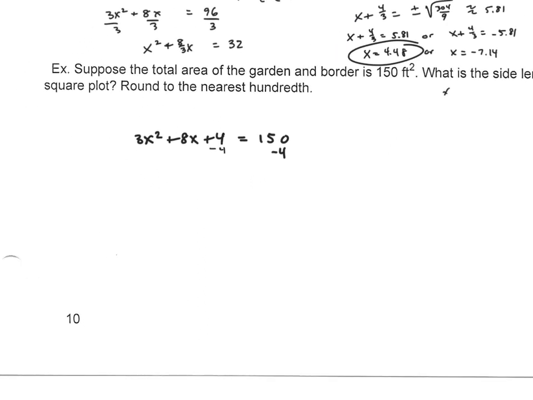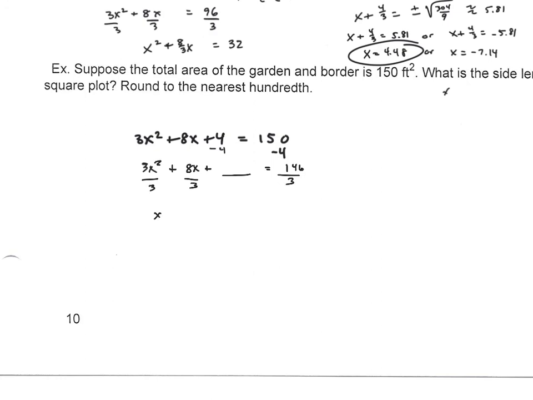And looking at that, I'm going to have 3x squared plus 8x plus some value is going to be equal to 146. And then, of course, we're going to do everything divided by 3 again.